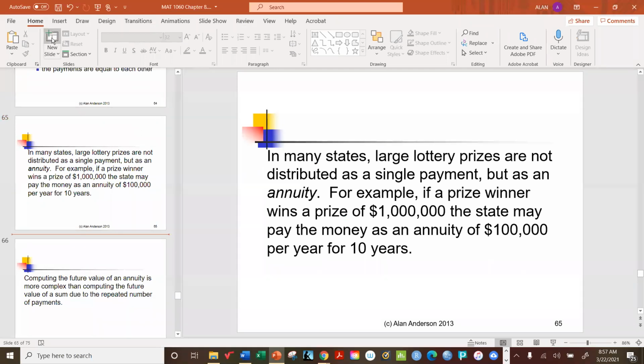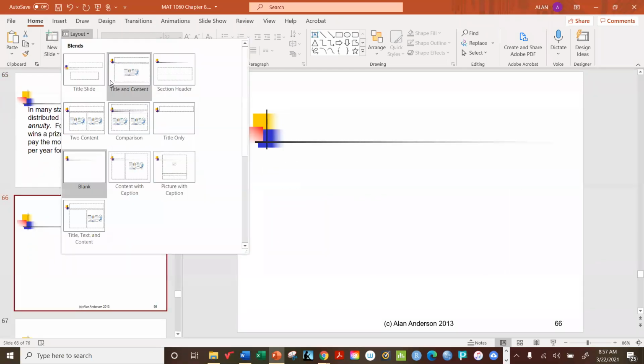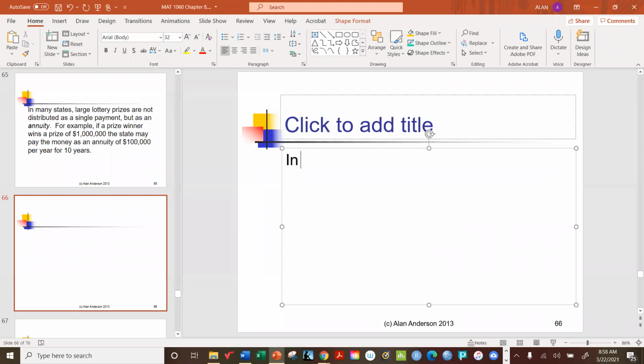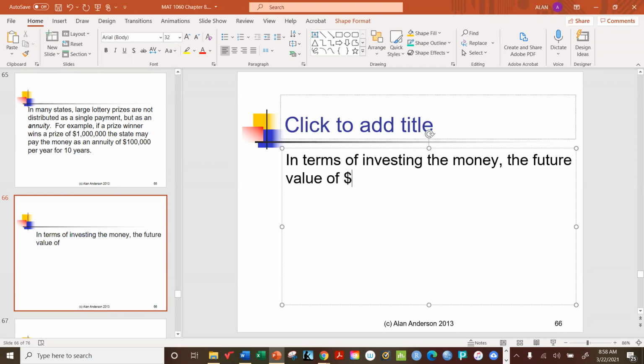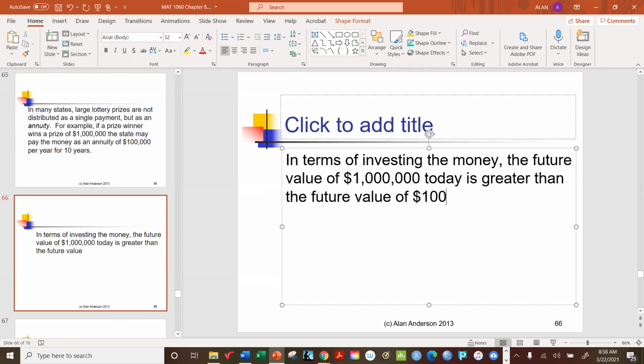So in terms of investments, the future value of $1 million today is greater than the future value of 100,000 per year for 10 years.